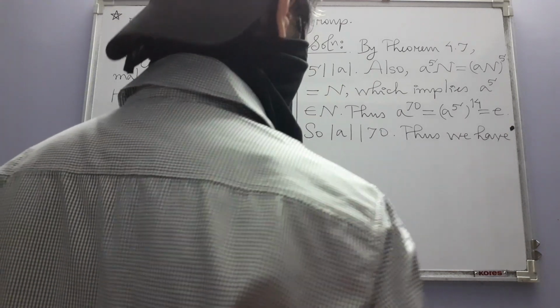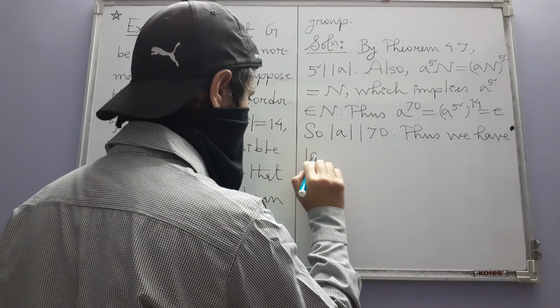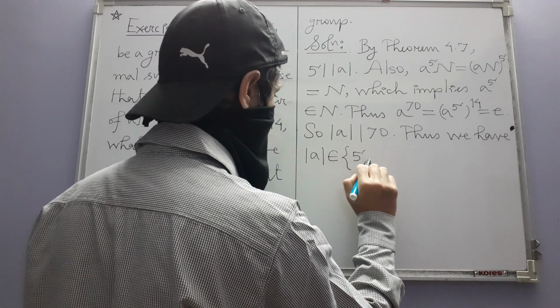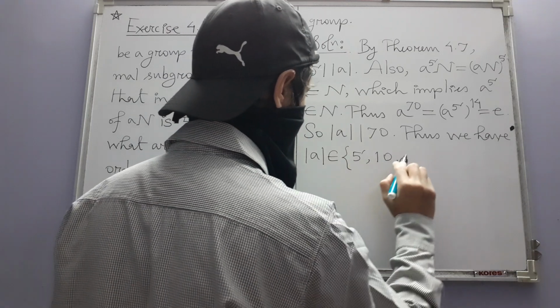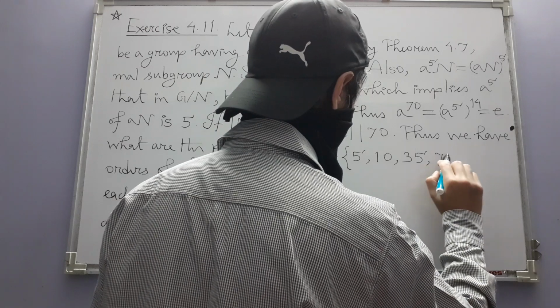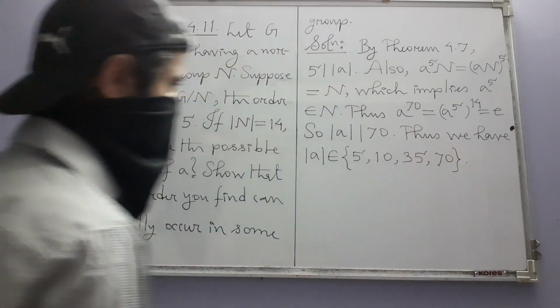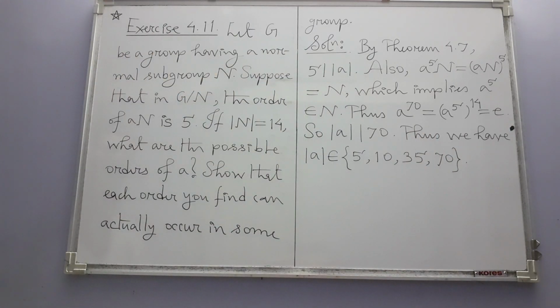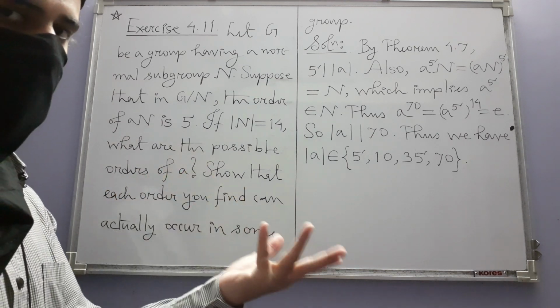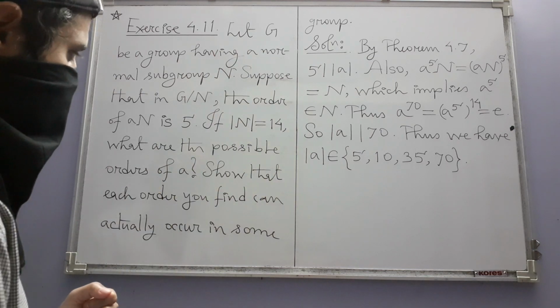And these are the possible values. It can be 5, it can be 10 or 35 or 70 itself. So these are the possible values of the orders of A that we can have from all these things.